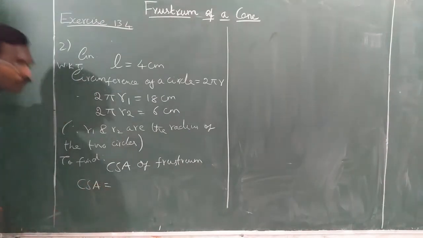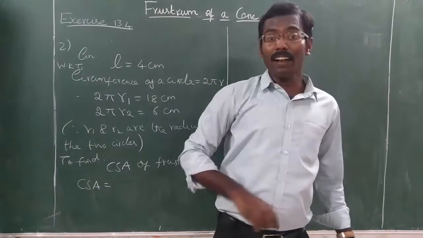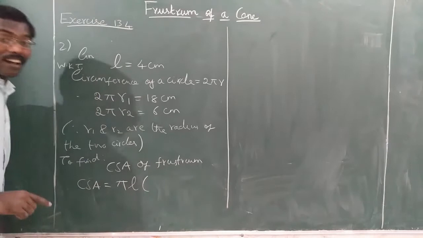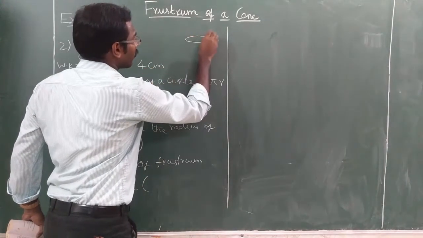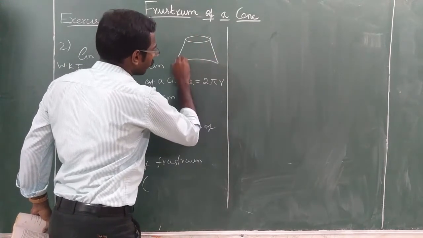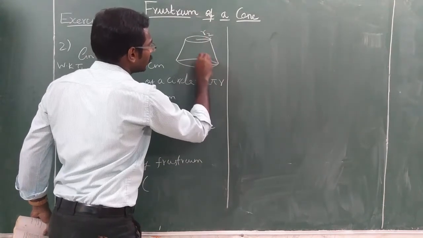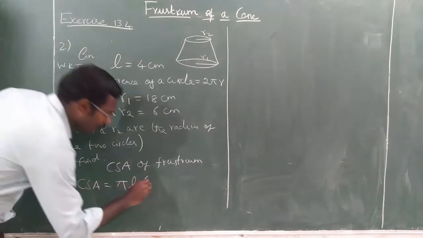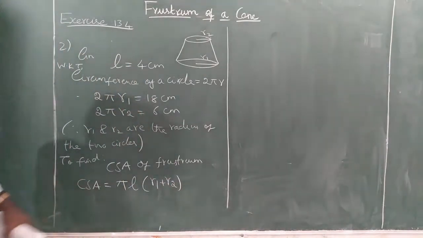The CSA of a frustum is equal to, normally the cone CSA is pi r L, but in a frustum we have two radii, yes or no? The smaller one is R2, the bigger one is R1. So instead of R you will write R1 plus R2.